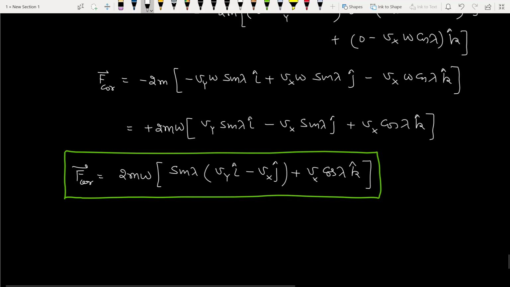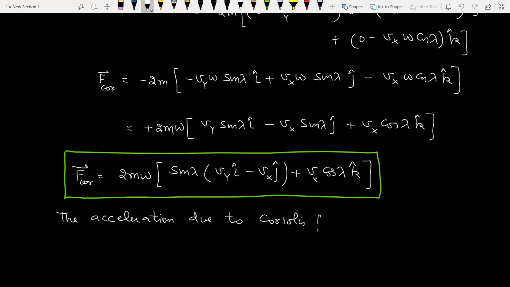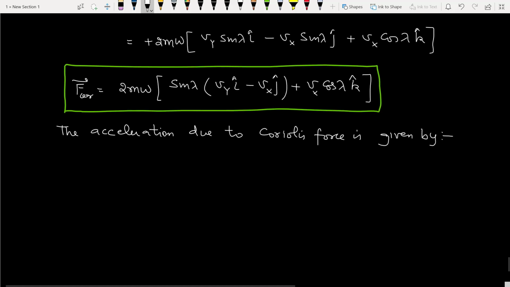So now the acceleration due to Coriolis force is given by force upon mass. As we are to find Coriolis acceleration, it will be Coriolis force divided by mass.